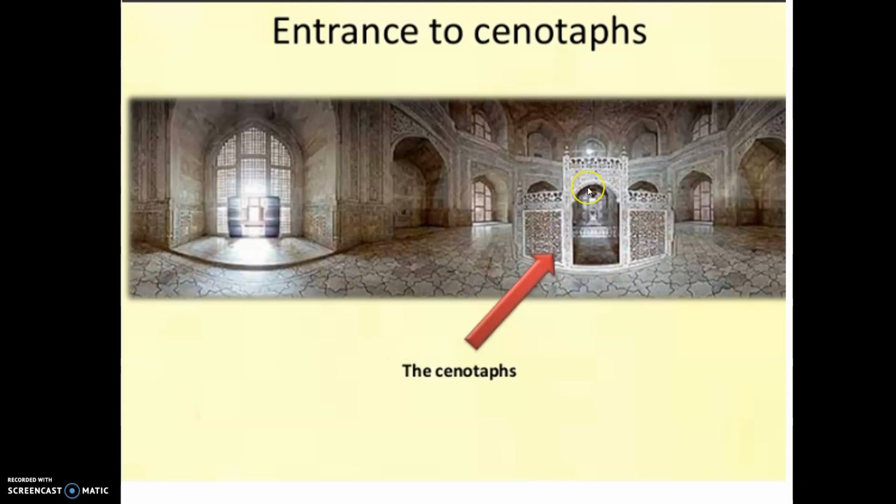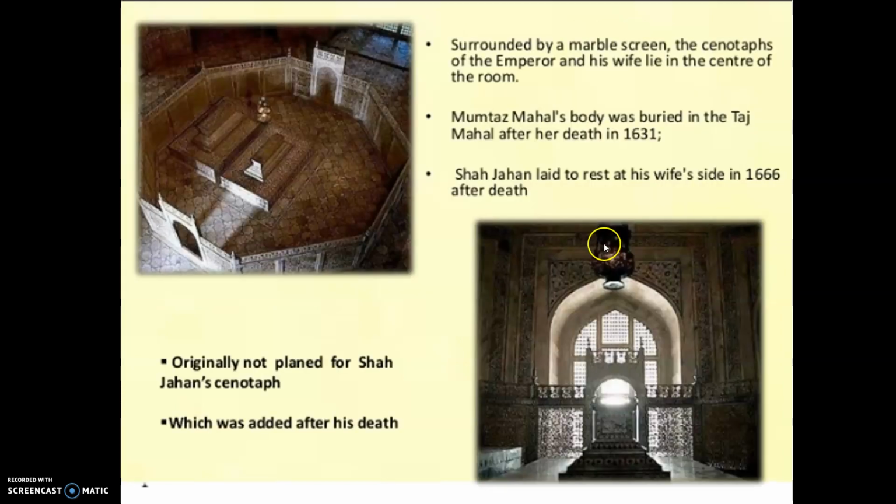This is the entrance to the cenotaph at the ground level, covered with jali work, surrounded by a marble screen of jali work. The emperor's tomb lies aside. As it was not planned for his tomb structure, it lies aside, and the central place is occupied by the tomb of Mumtaz.